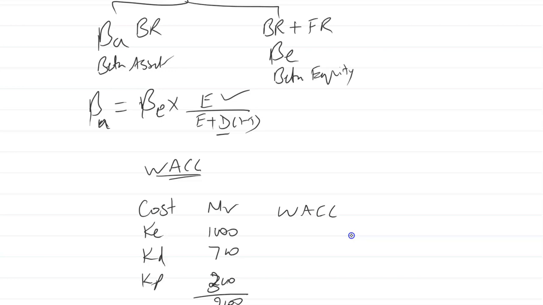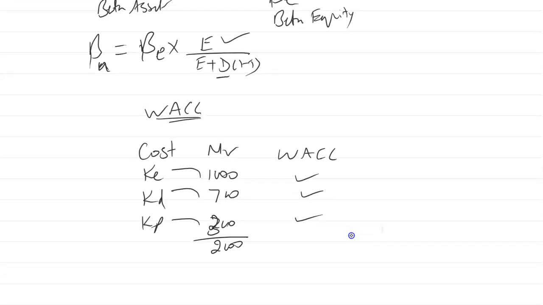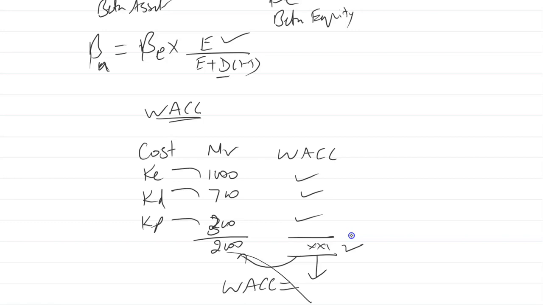What you will do, multiply all these market values with the cost and then divide this value with this total to calculate WACC. So this will become the numerator and this will become the denominator.